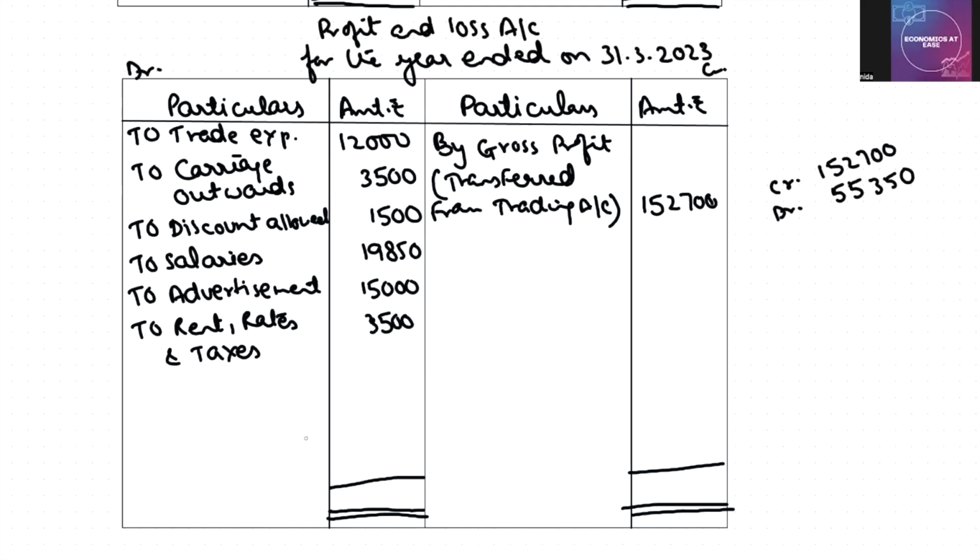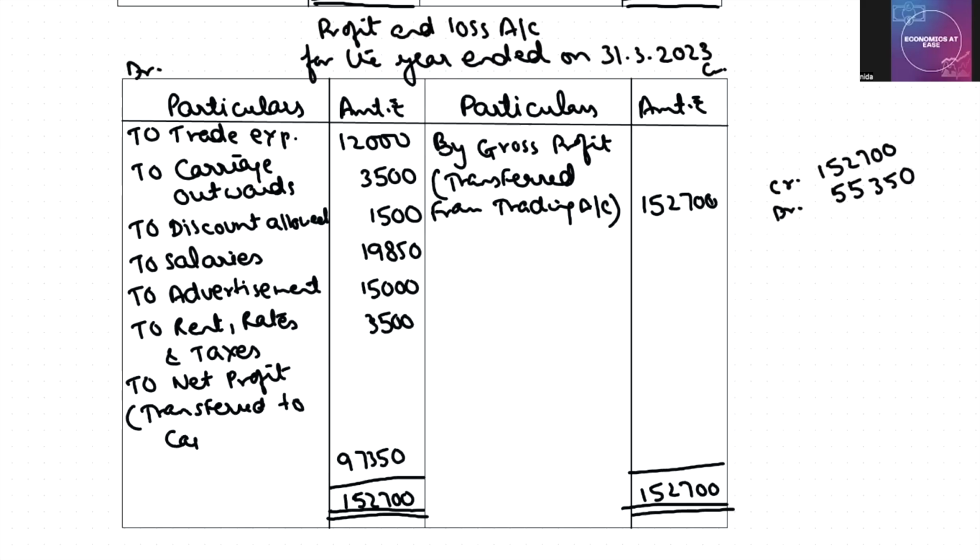Credit is more than debit side. Then I'm going to write here: to net profit transferred to capital account 97,350. Till here, I hope no problem.